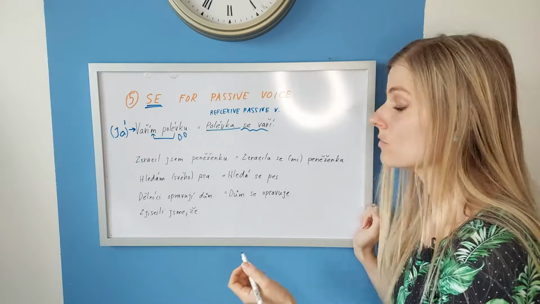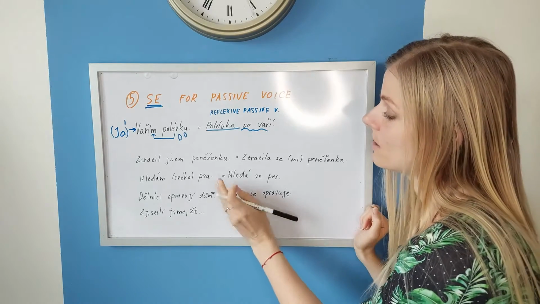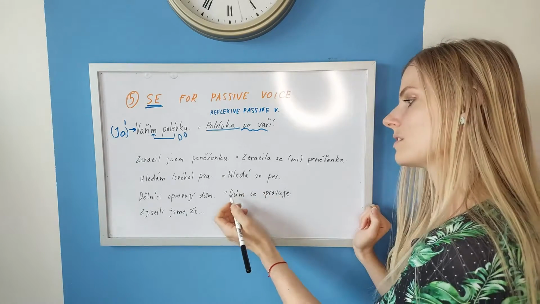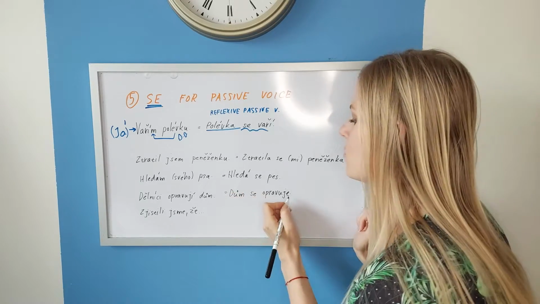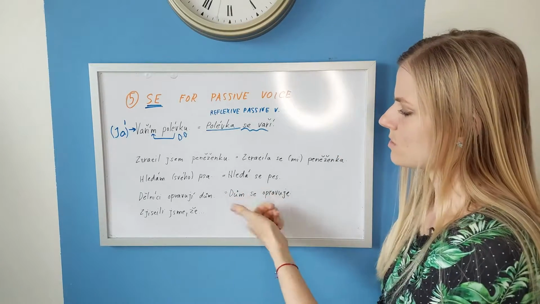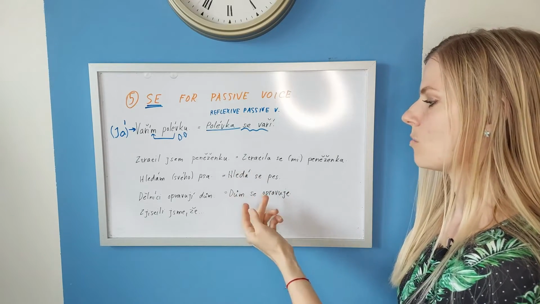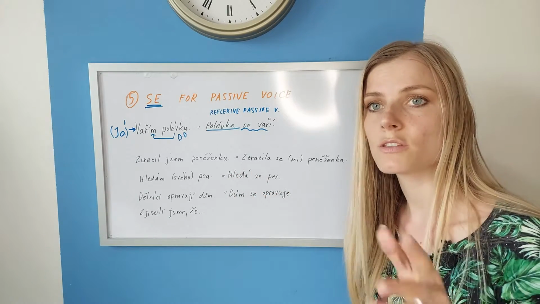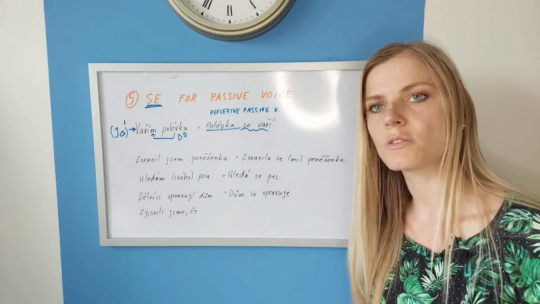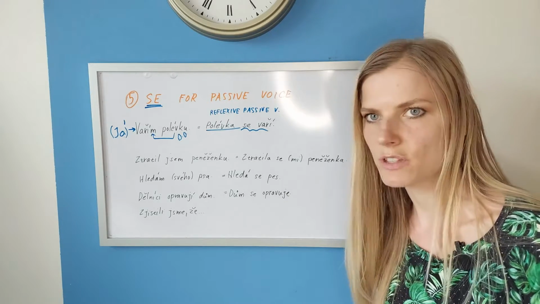Se and si are one of those words that cannot start a sentence, and when there is something before the verb, they have to go before the verb. So that's why we switch. We say hledá se pes, but dům se opravuje. If you say opravuje se dům, dům is a new piece of information. It means a house is being repaired.